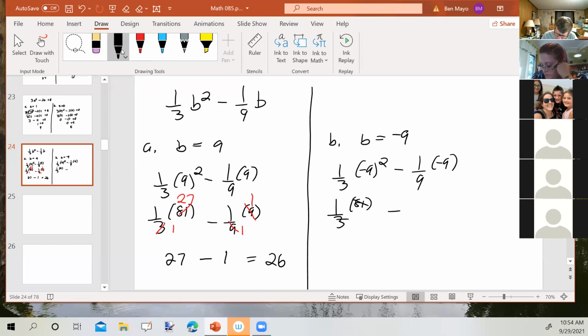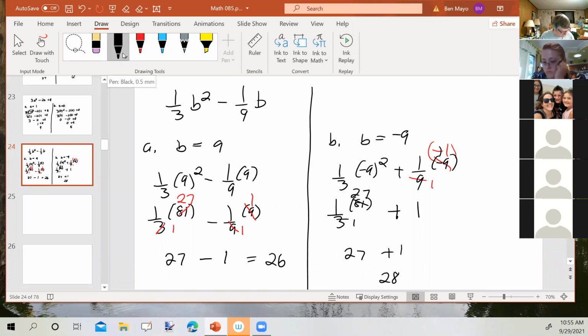So I get 81 over 3, which is 27 over 1, which is 27, minus 1/9 times -9. That's going to reduce to -1 over 1. But -1 times -1 is a +1. Okay, the negative times negative is positive. So I get 28. Any questions about that example?